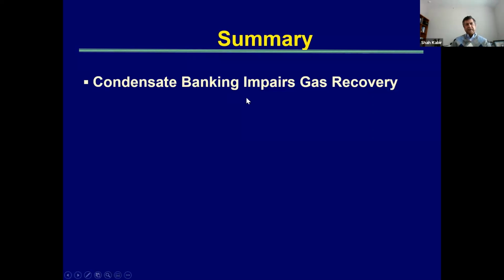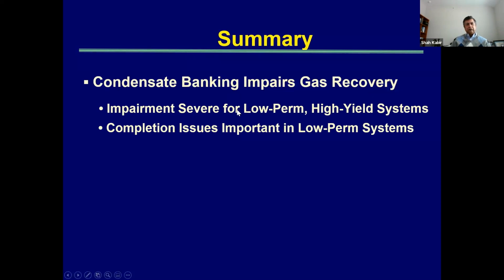So it reduces the recovery factor. It becomes severe in low permeability systems and high yield systems. So this is the low end of the problem, and this is the high end of the problem. And then when you have completion issues, that is, what segment you are perforating and all that, all those things come into play.